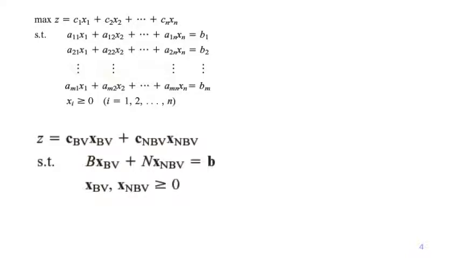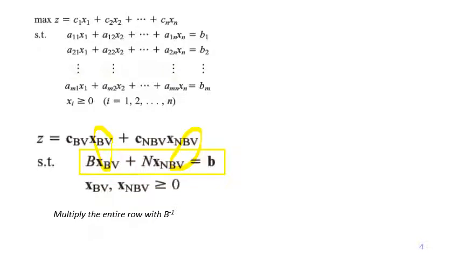Once we have convinced ourselves that we may rearrange a linear programming problem into the variables that are basic variables plus the variables that are non-basic variables, the next thing we are going to do here is multiply the entire constraint, the entire row, with B inverse. So both the left-hand side and the right-hand side, we multiply it with B inverse.